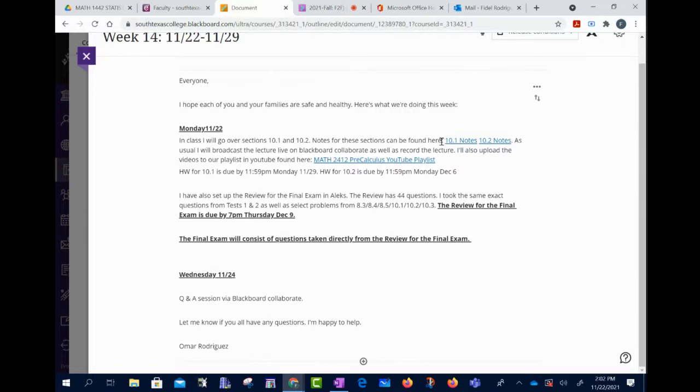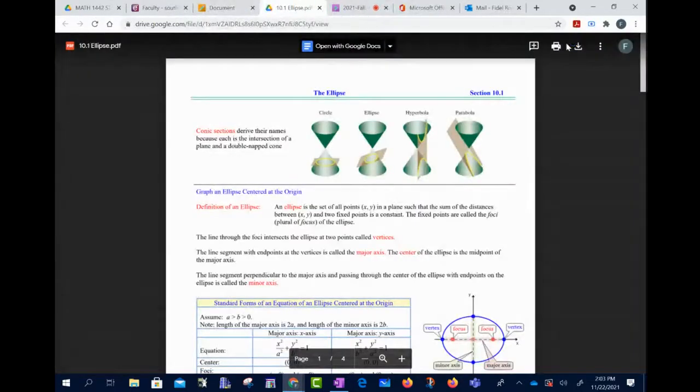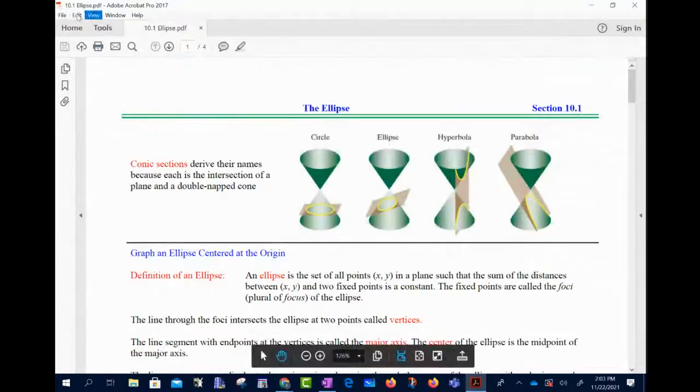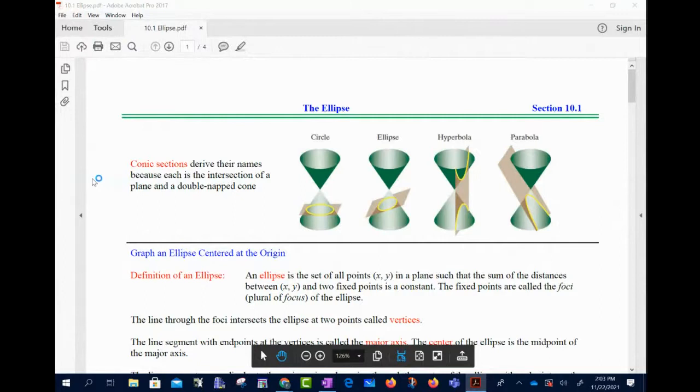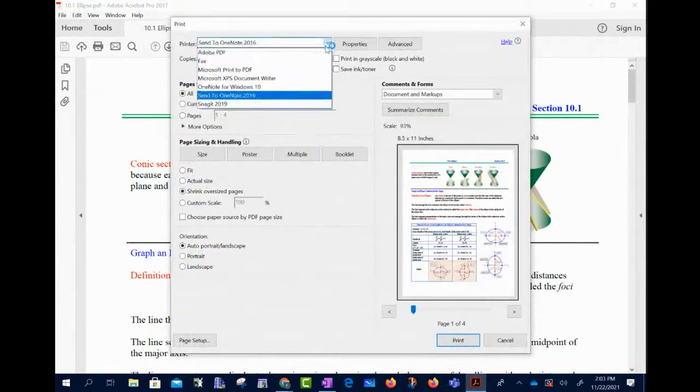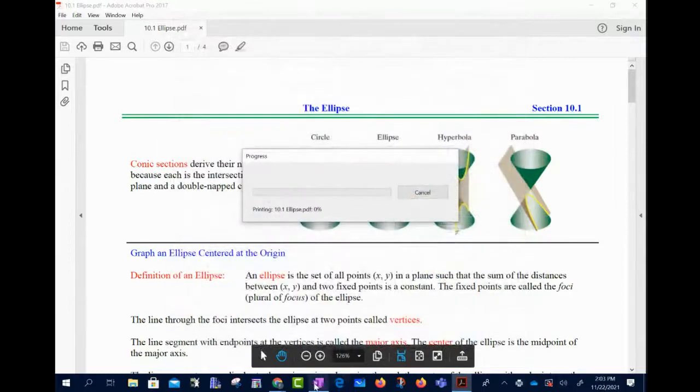All right, so let me pull up the notes for 10.1. We're going to talk a little bit about ellipses today. Let's open this up and print this to our OneNote.